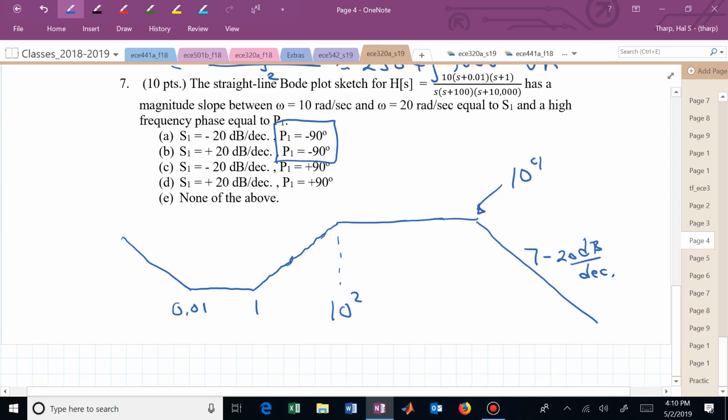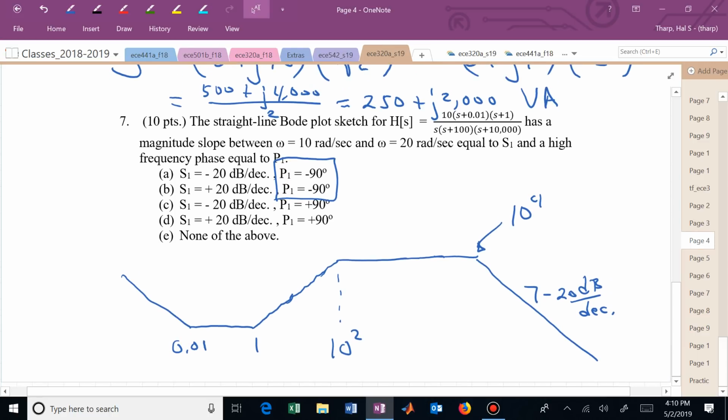So what's the slope between 10 and 20? Well, between 1 and 100, we have this slope, and that includes 10 and 20. So we're going up at 20 dB per decade. So it should be B. Do you see how we deduced that answer?